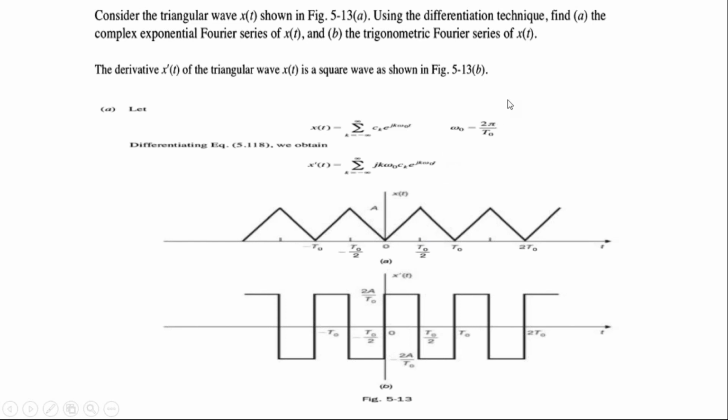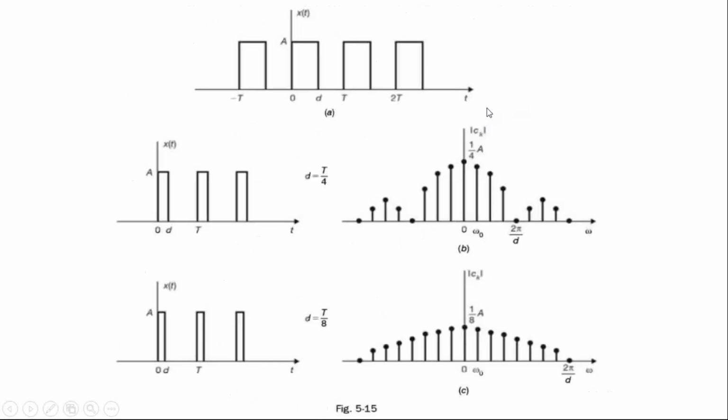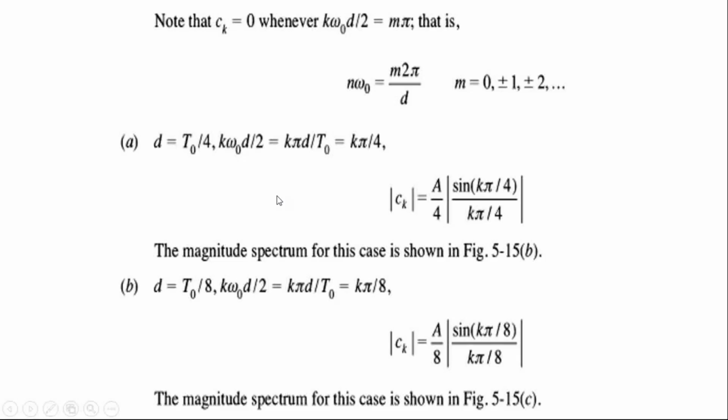Now, the two most important formulas that you need to remember here, I'll give these two equations. You need to write the trigonometric Fourier series and the exponential Fourier series.